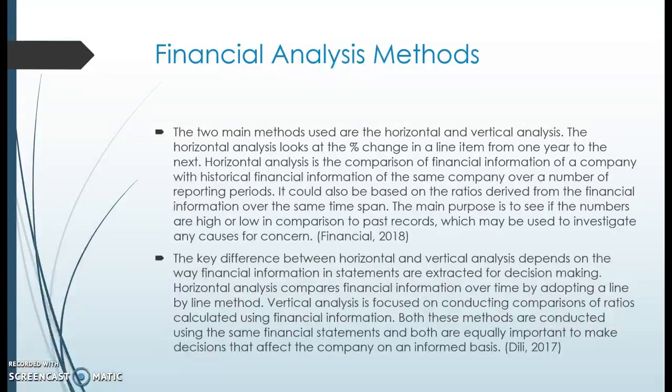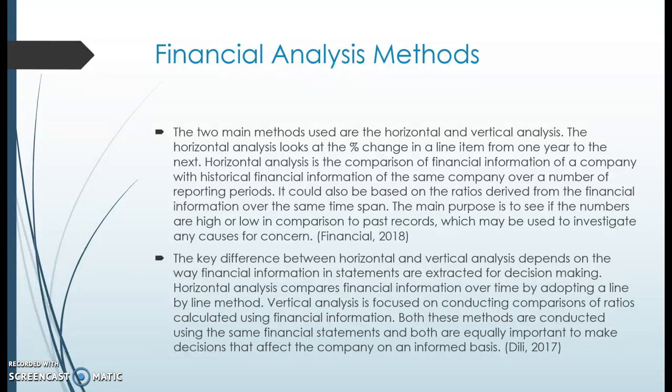So with that being said, we will be using financial analyst methods. The 2 main methods are the horizontal and vertical analyst. The horizontal analyst looks at the percent change in a line item from one year to the next. Horizontal analyst is the comparison of financial information of a company with historical financial information of the same company over a number of reporting periods.